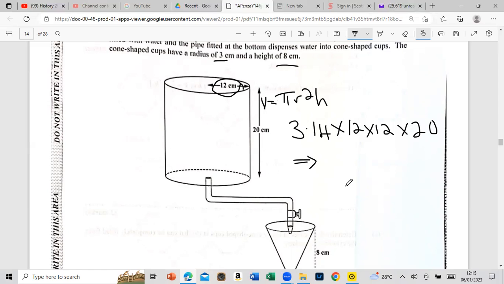I'm getting 9,043.2, right? And this is cm3, because it's volume, right? Three dimensions.